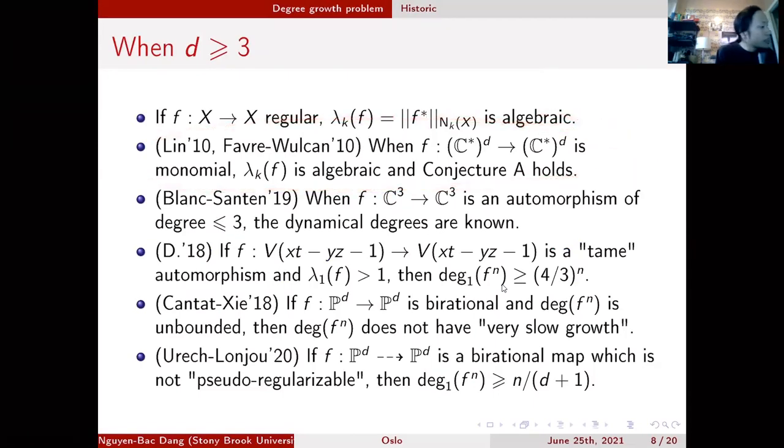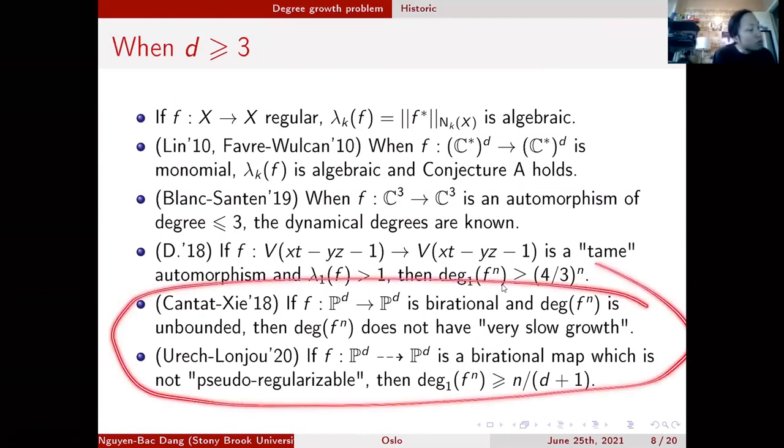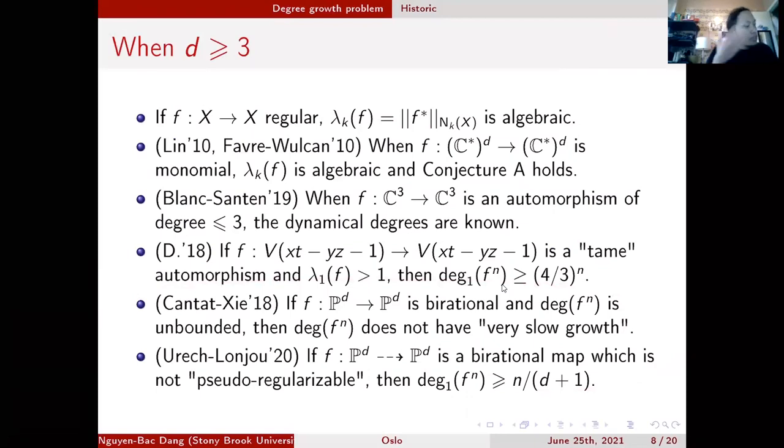For this case, we know these conjectures, and in other cases, we know it for automorphisms of C3 with algebraic degree smaller or equal to 3. In the last three known studied cases, there are studies of either particular subgroups of automorphisms or a study of very slow growth, when the degree grows very, very slowly, and there are works on it.